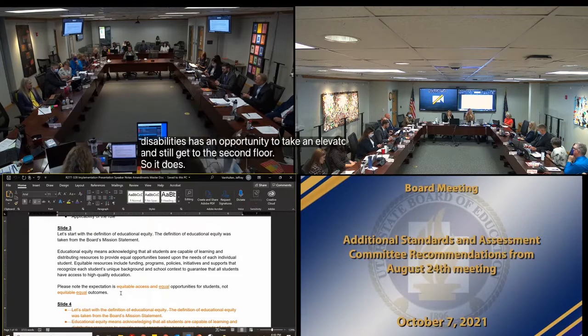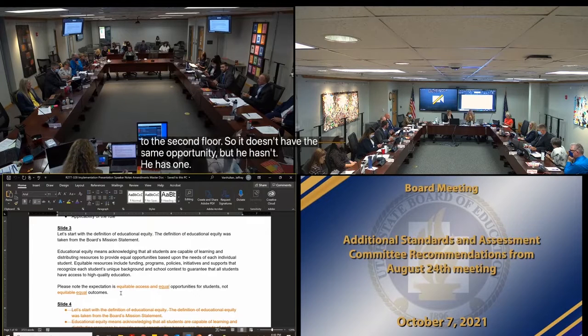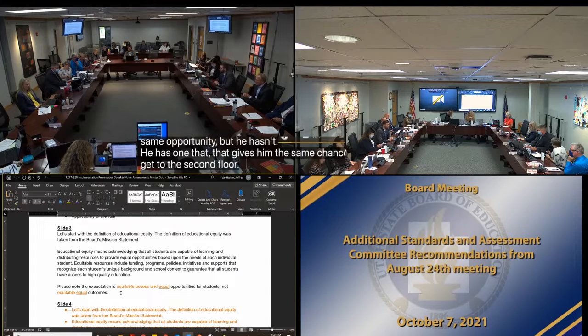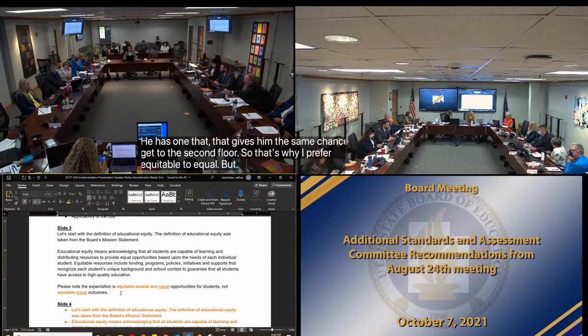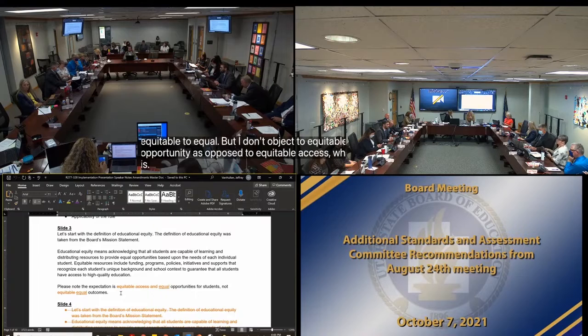So he doesn't have the same opportunity, but he has one that gives him the same chance to get to the second floor. So that's why I prefer equitable to equal, but I don't object to equitable opportunity as opposed to equitable access, which is sort of a conflating, I think, of two terms. Thank you, Board Member Belknap.